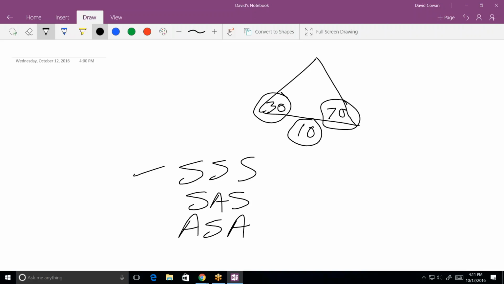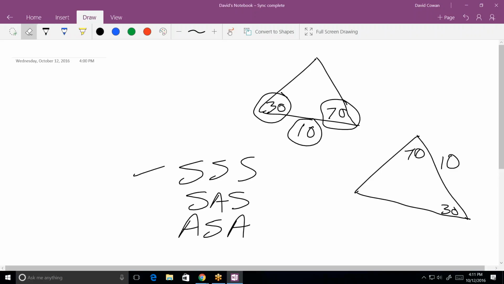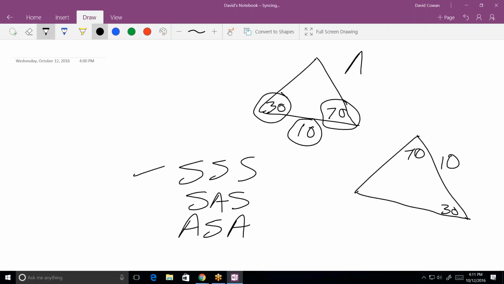So if I have another triangle, and the only two things I know about it are that's 10, that's 30, and that's 70, these two triangles, even though I've drawn them slightly differently, notice I've rotated the one on the right. Doesn't matter. We're doing angle side angle, which is 30, 10, and 70.